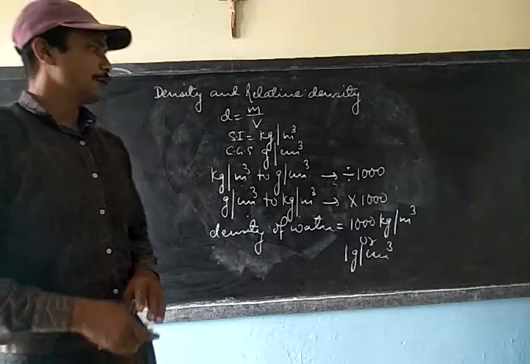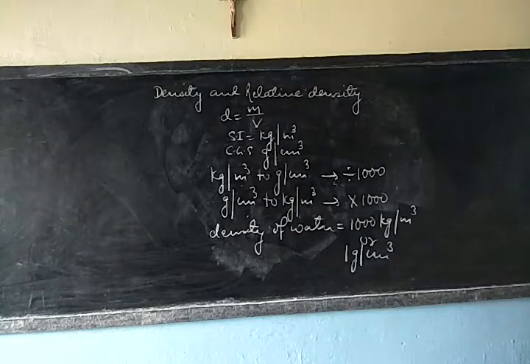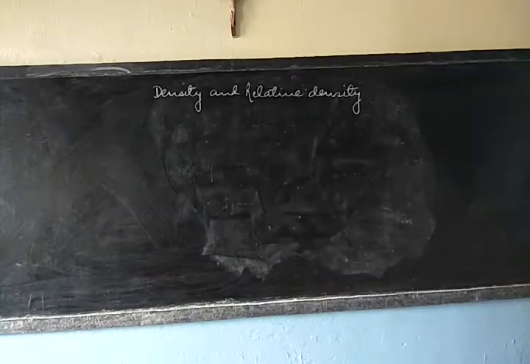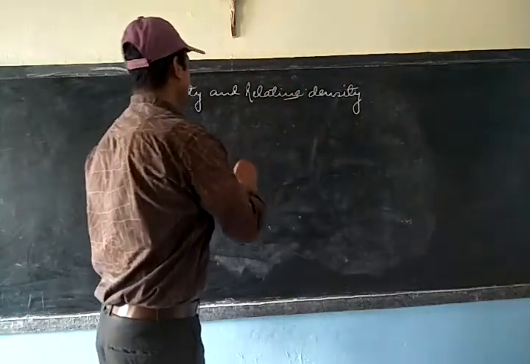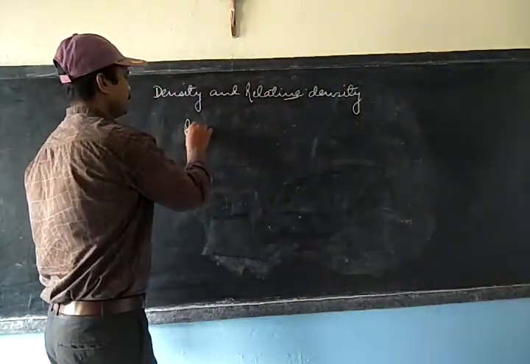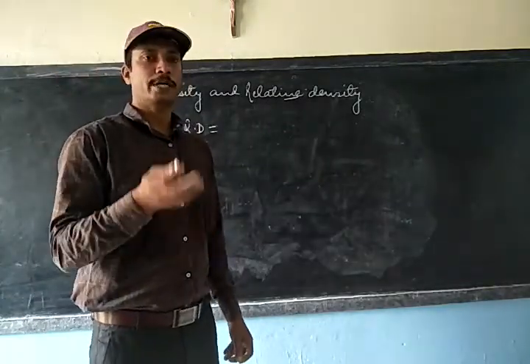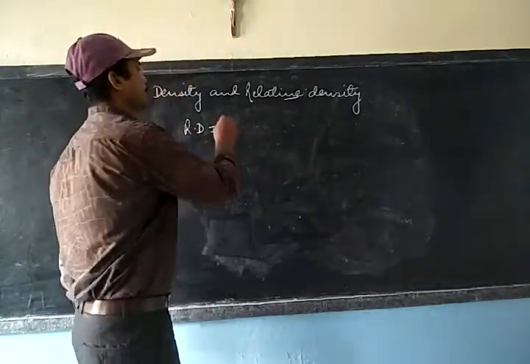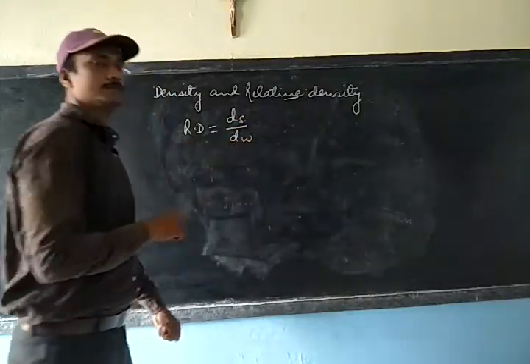Now coming to relative density. Relative density is defined as the ratio of density of substance to density of water.